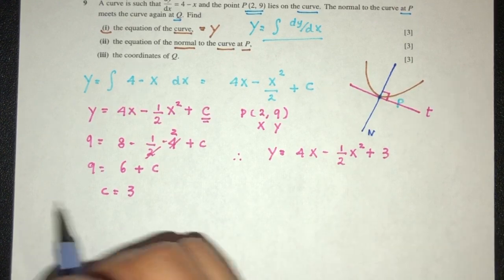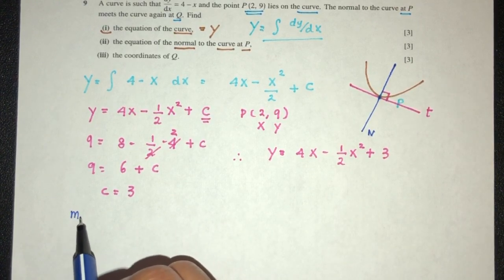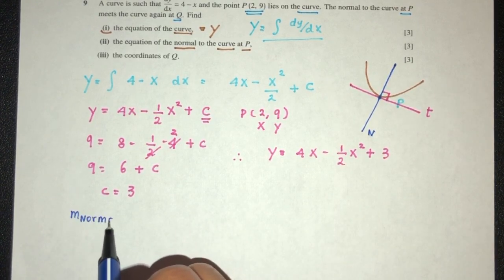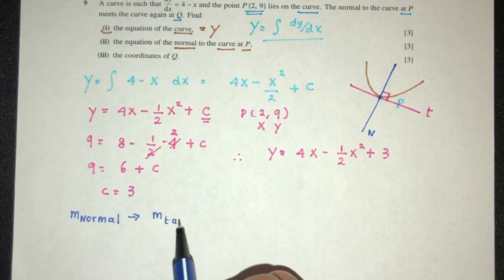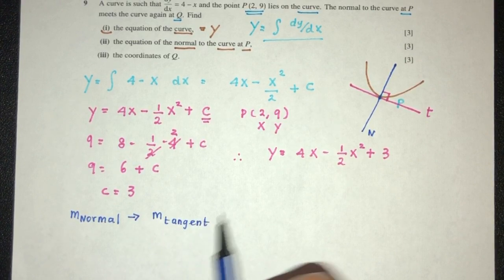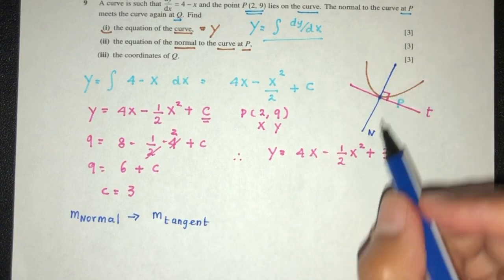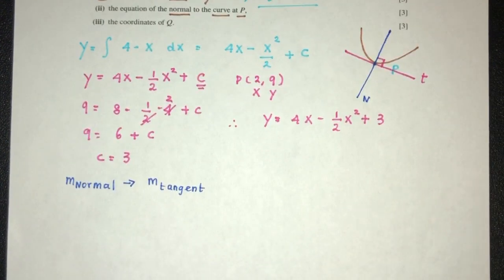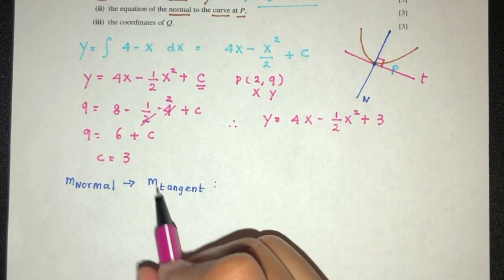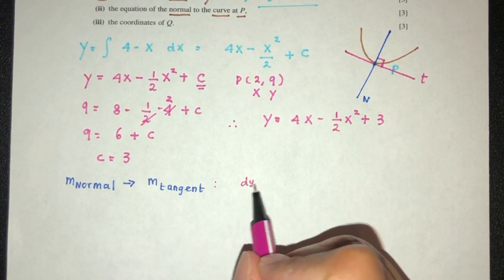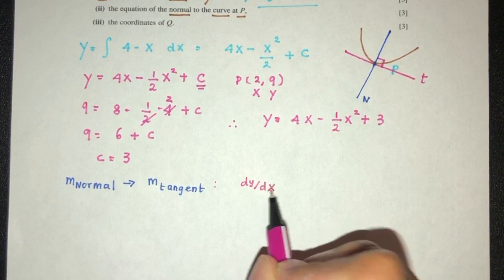So how can you find the gradient of the normal? Pretty easy. We must first find the gradient of the tangent, because as you can see, they are connected to each other by this relationship. Now we understand that the gradient of the tangent is simply dy by dx. So always remember this.